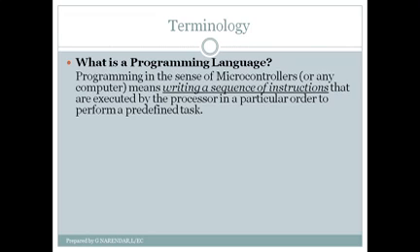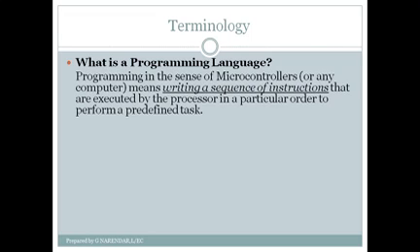After executing all these instructions that we have written for the microcontroller in sequence, it is going to perform the predefined task for which we have written the program for the 8051. So programming, in the sense of microcontrollers or any computer, means writing a sequence of instructions.